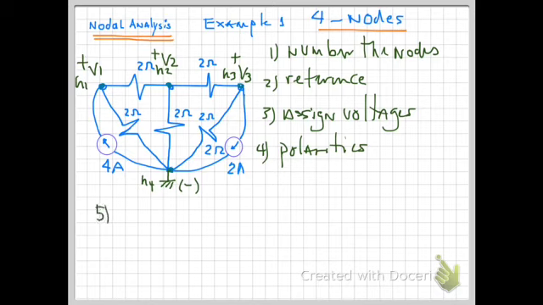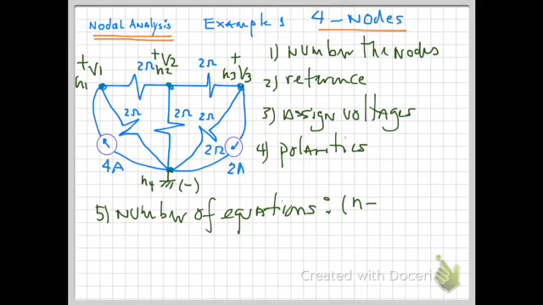The fifth step is to find the number of equations that we need to solve for this system. The number of equations to solve the system is going to be equal to the number of nodes minus 1. Since we have 4 nodes, one of them is the reference, it's going to be 4 minus 1, which is equal to 3 equations.